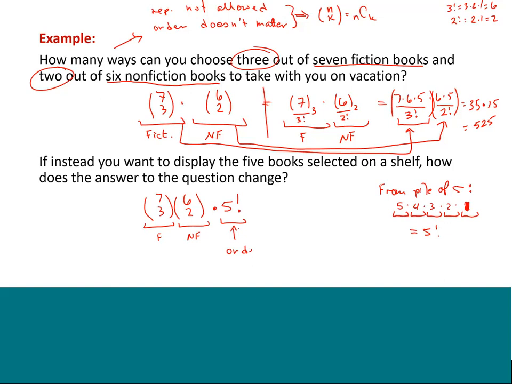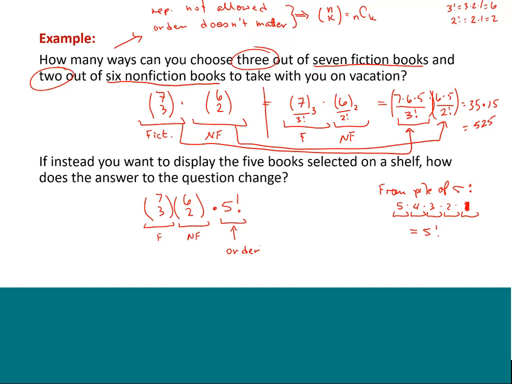In other words, it takes something that's currently unordered and makes it so that order now matters. So here's the weird thing. If you currently have order mattering and you don't want it, you divide by a factorial. If you don't have order and you need to put the order back in, that's when you would multiply.